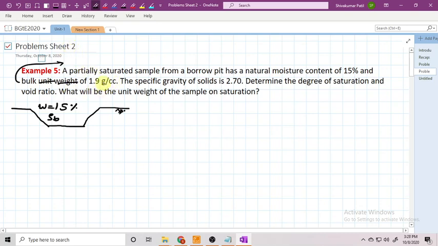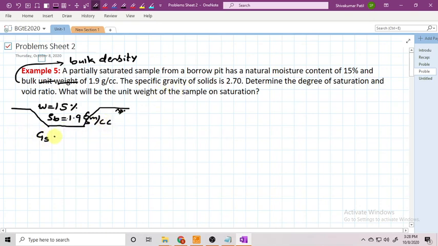Since they have used gram per cc, then it must be bulk density. What is the bulk density they have given? They have given around 1.9 gram per cc.